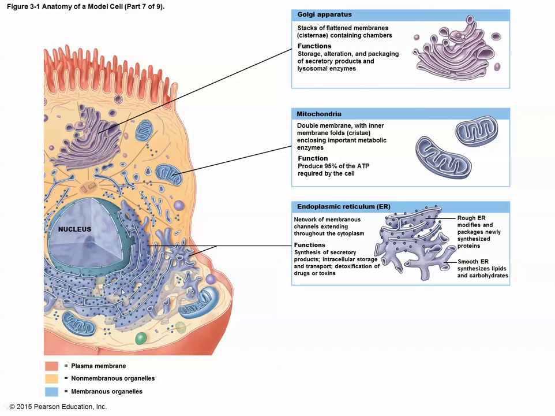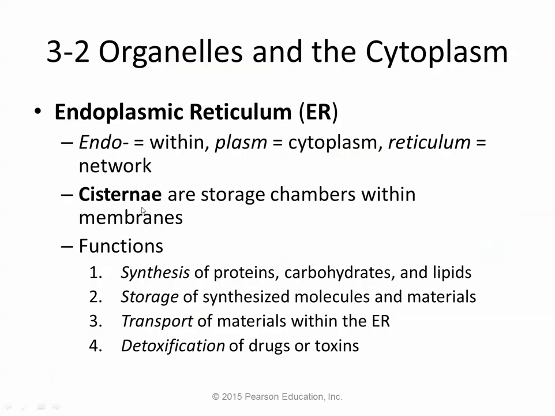So cisternae, when you see this complex shape that have these flattened areas here, this is a cisterna. Cisterna is singular. Cisternae are all of these little spaces where things can go on and happen. Storage spaces. This is what is enclosed by the membrane. So don't let that term cisterna or cisternae throw you, because you'll see it over and over again.